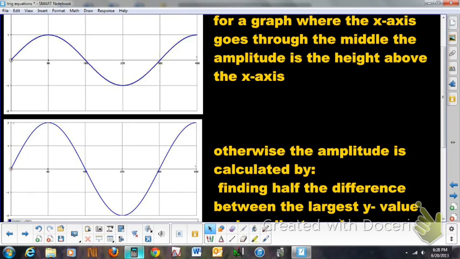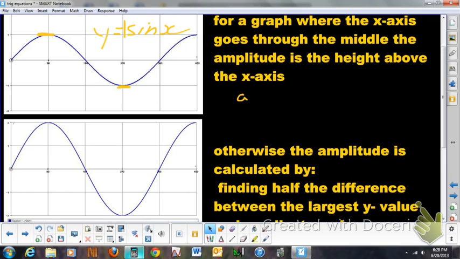Okay, so we've got two graphs here, and you'll notice that nothing has changed those graphs at all other than the peaks. So you have a maximum and a minimum value that have changed. Here, this is just a basic y equals sine x. The number in front of the sine is 1, and that's basically your amplitude.